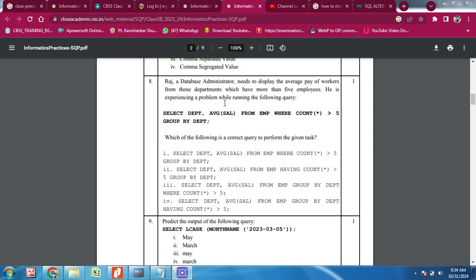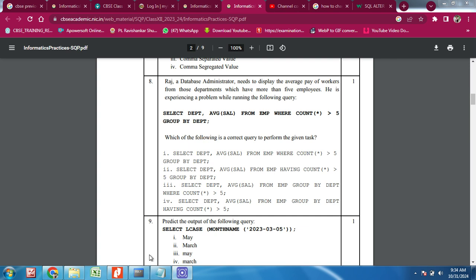So he wants to find the average salary of departments which have more than 5 employees. He is writing the query: select DEPT, average salary from EMP where count star is greater than 5, group by DEPT. Can we execute it like that?